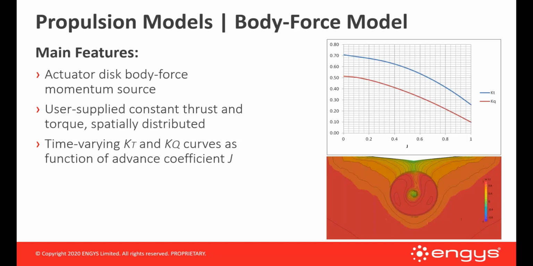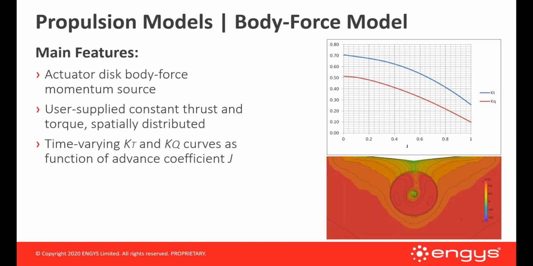Either you provide a user-supplied constant thrust and torque, which is spatially distributed, like you can see here on the bottom. Or you can also define time varying torque and thrust curves as a function of the advance coefficient J. And as such, the body force model will apply the correct thrust and torque based on the operating point.